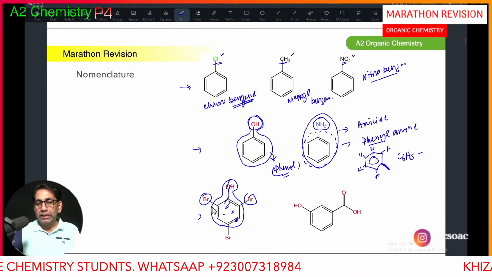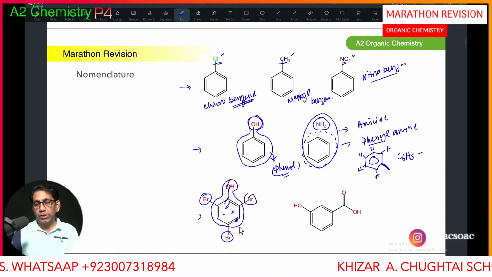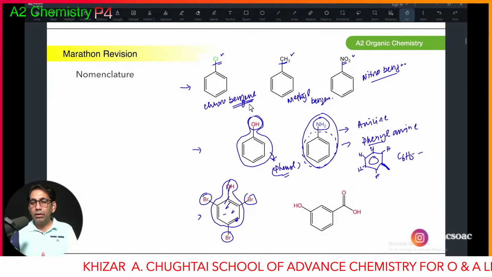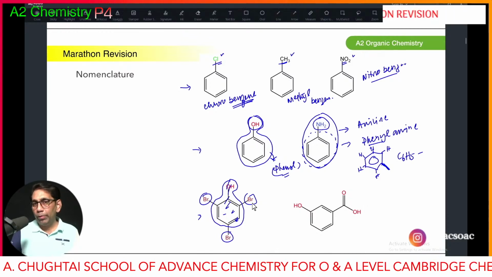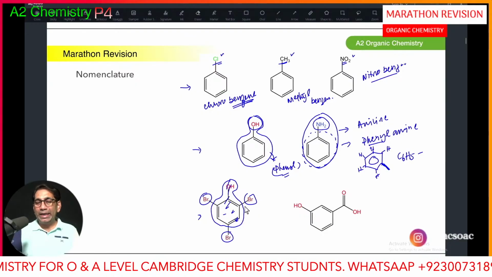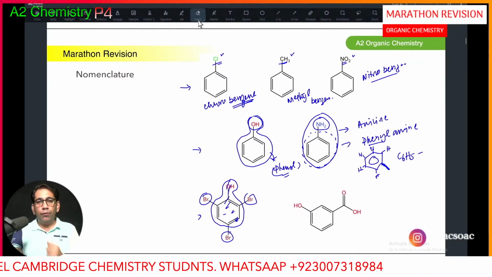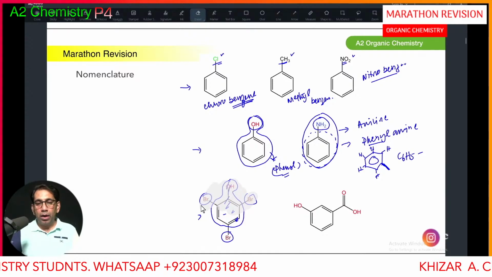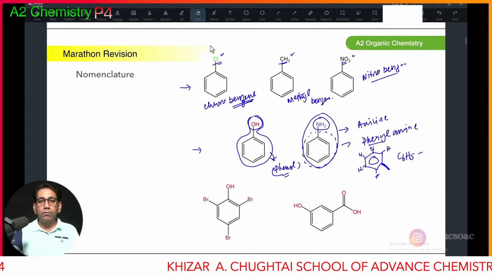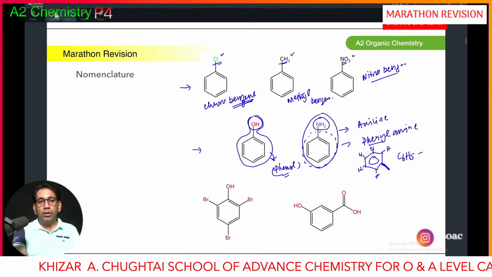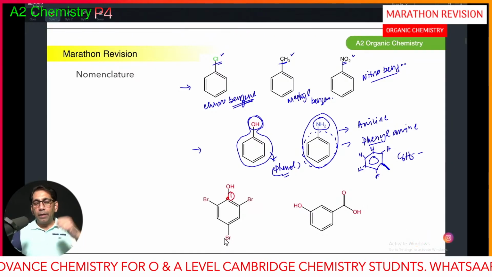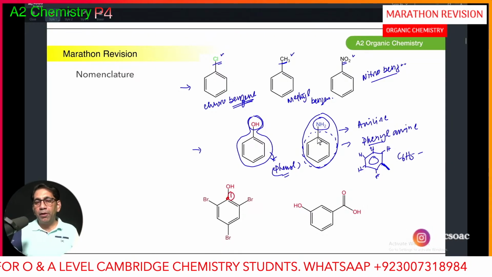Now you will write these Br as branches. I mean, these halo groups like chlorobenzene, but here it is not bromobenzene, it will be bromophenol. So what is the position of these Br? I'm going to give numbering. This carbon will be carbon number 1, the carbon that is attached with the OH group, the main functional group.